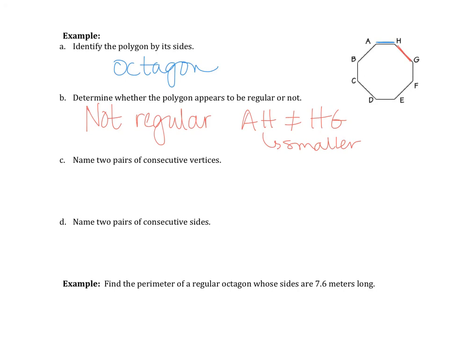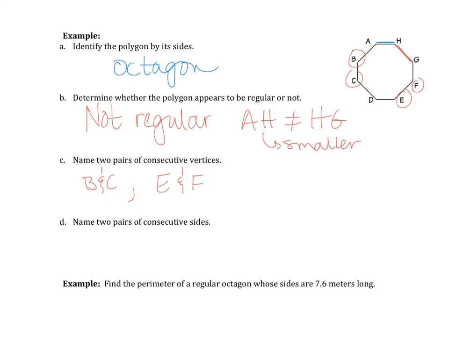Name 2 pairs of consecutive vertices. So vertices are those angles. So I'm going to pick B and C. So B and C are consecutive vertices. Maybe I'll pick E and F as well. Notice I'm not naming them with angles, they're just points.